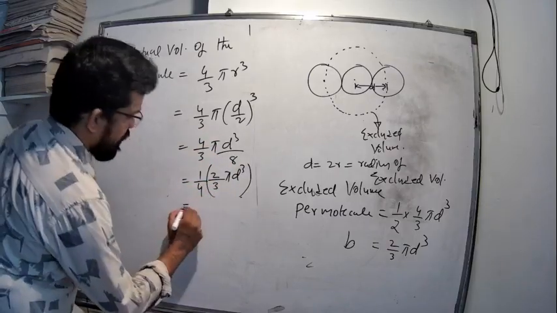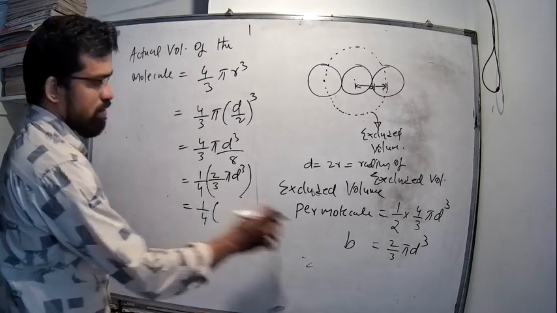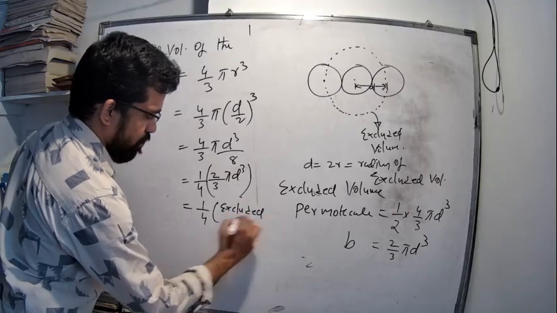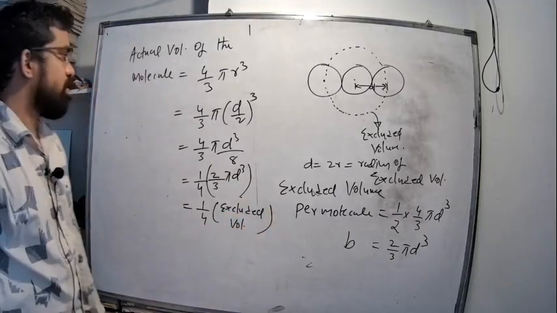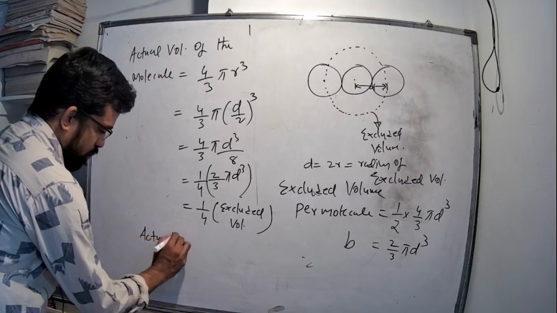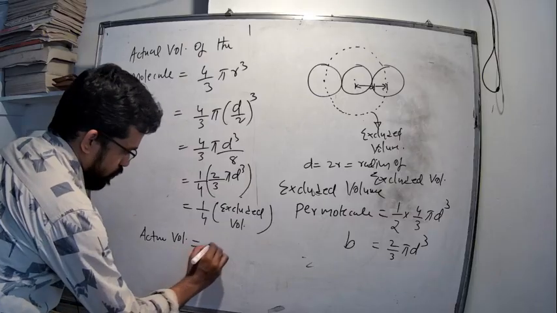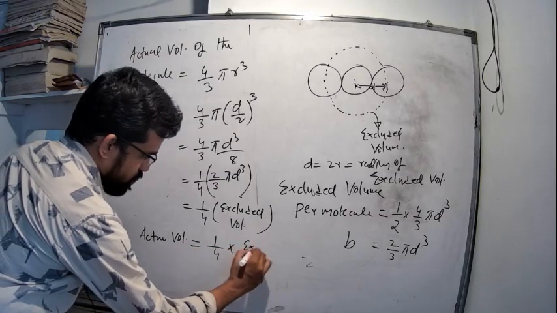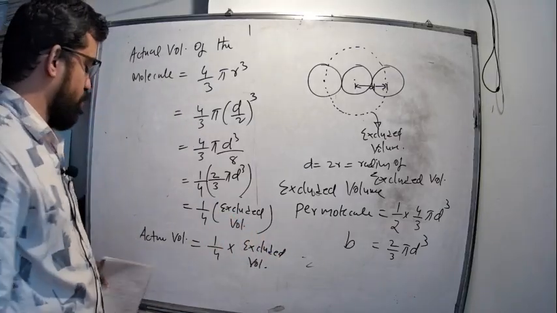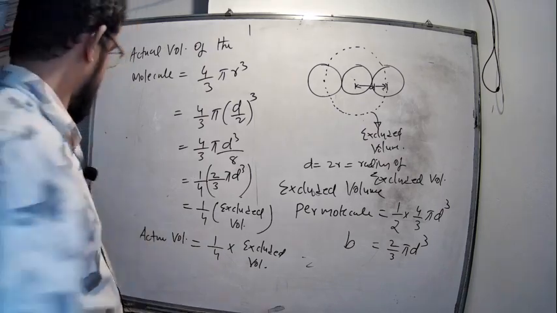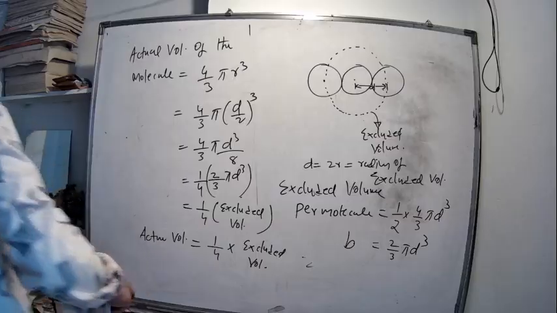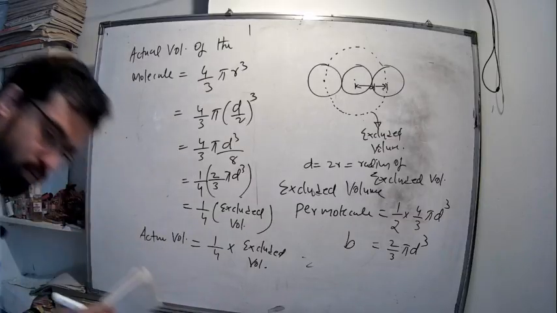So the actual volume of the molecule is equal to 1/4 of the excluded volume. That is, the excluded volume is equal to 4 times the actual volume of the molecule.